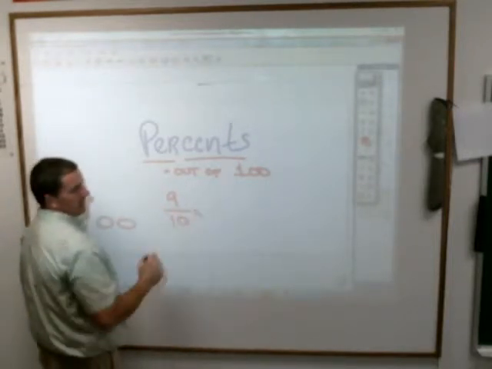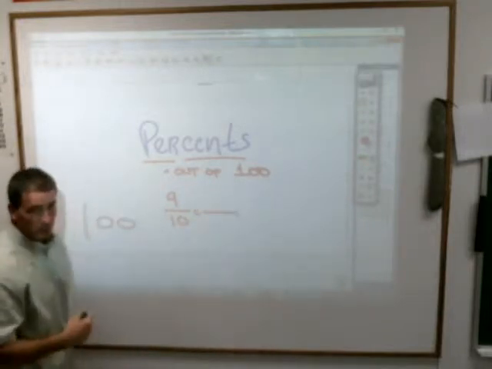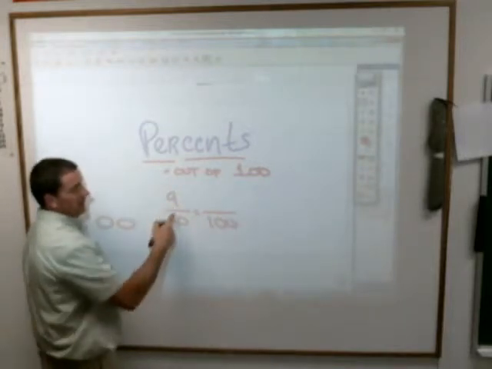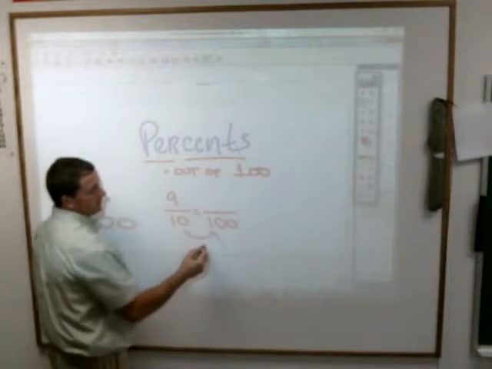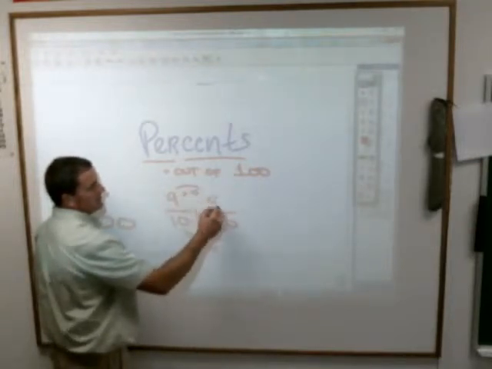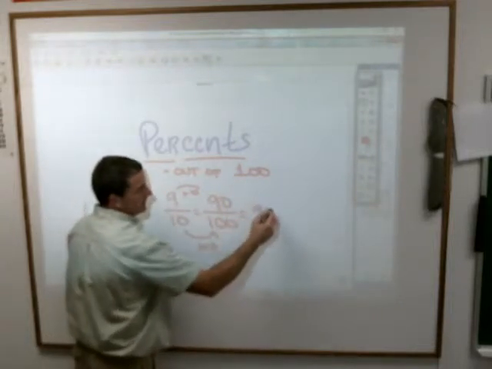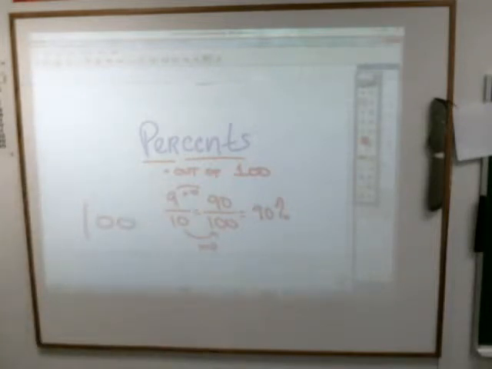To get your percent, we figured out what the equal fraction would be if there were 100. Well, 9 out of 10 would be the same as how many out of 100? To make an equal fraction, you multiply the top and bottom by 10, and this 90 here is where we get the 90%. So we got 90 out of 100.